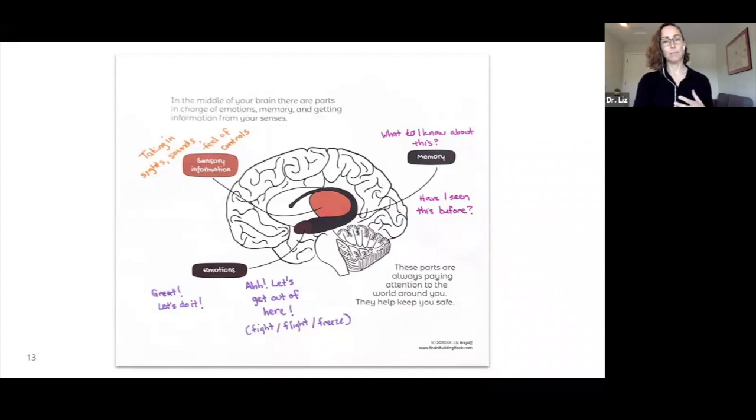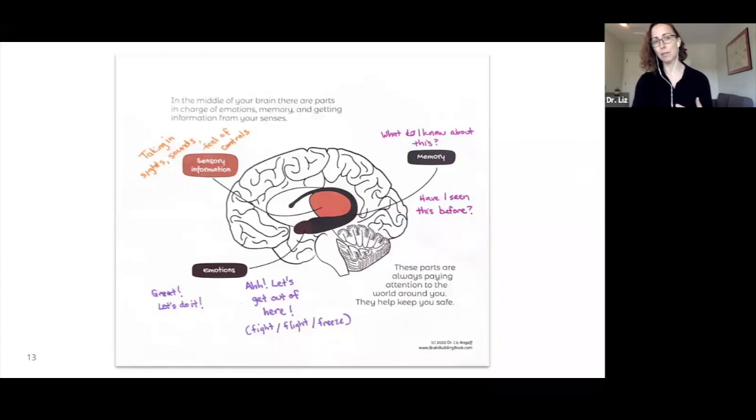But again, this system is also very helpful. So when you have an overactive amygdala, when you have sensory processing challenges, there's a lot of things that are hard. But it doesn't mean the system is broken. And it is really helpful to you as well.